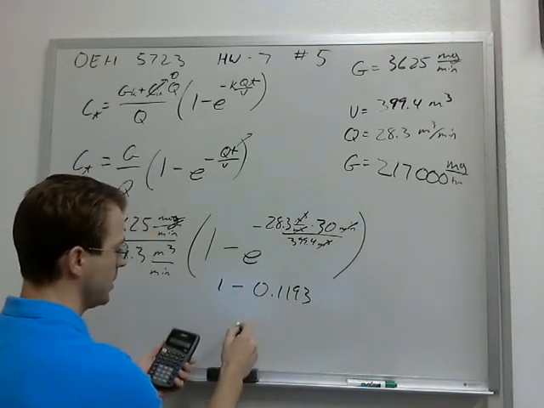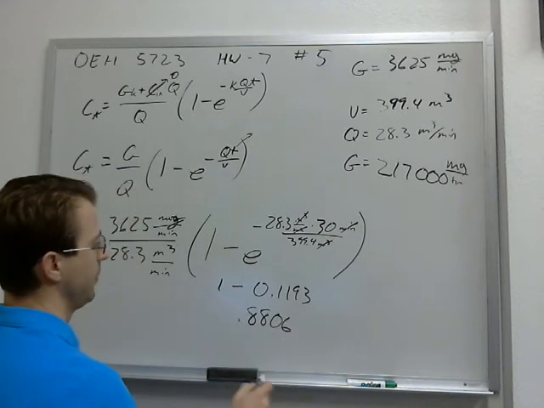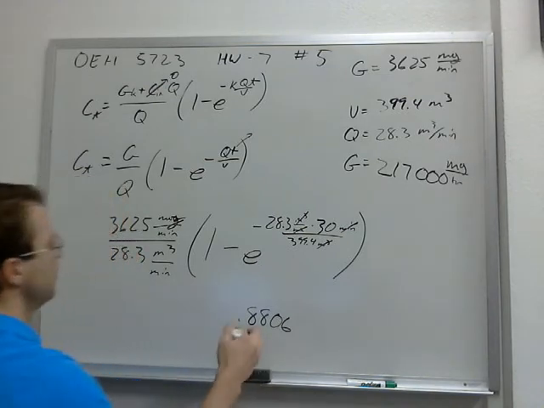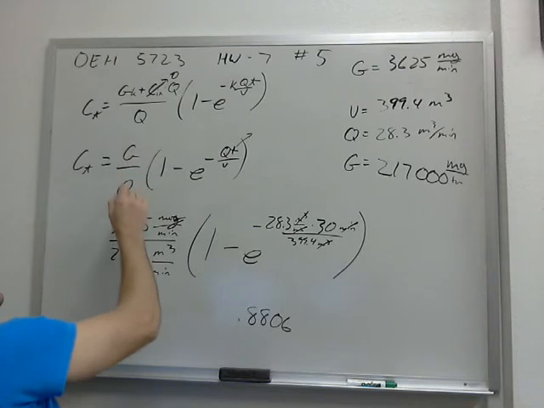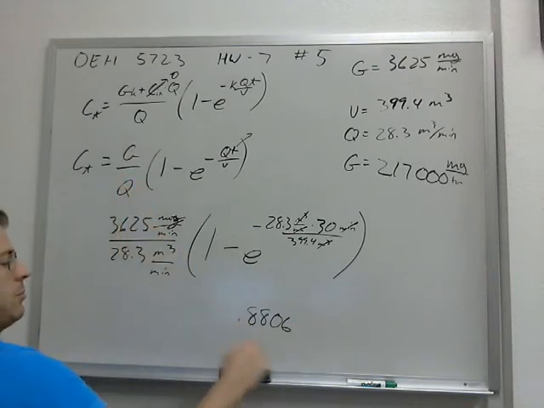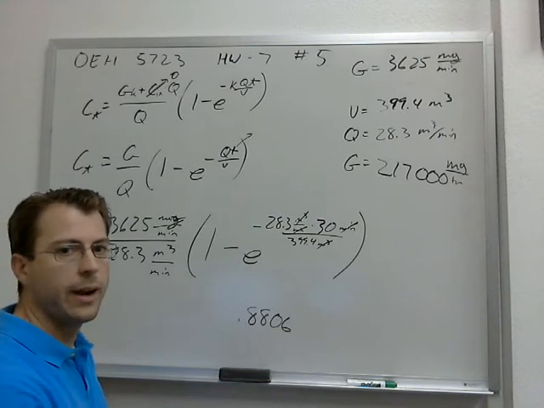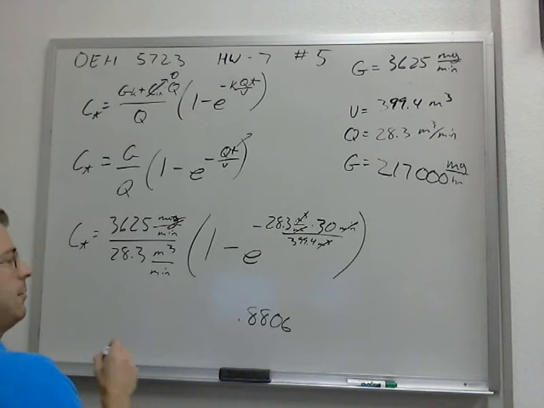So this whole expression comes out to 0.8806. So, thinking about it more mathematically, you see that we're basically saying whatever the ratio of the generation rate to the ventilation rate multiplied by 0.88, 88% of it is going to be whatever our answer is going to be, our concentration at this time.